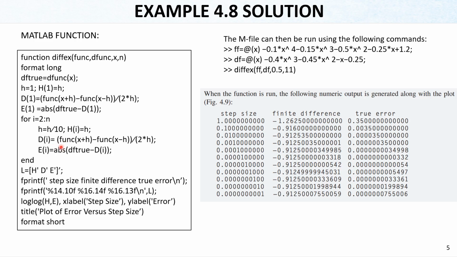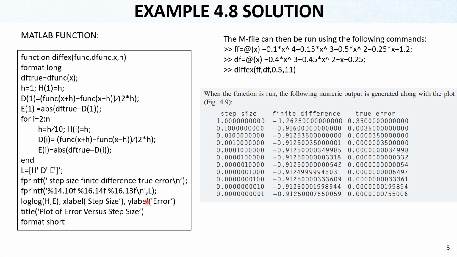And hi is also a vector of the step size values, just adding them into there, and we calculate all the function values and the absolute error values of difference of the true and predicted values, and finish the for loop so that we can calculate all the derivatives and errors for each step size. Then we will have a matrix of these, and we will print this: step size, finite difference, true error.